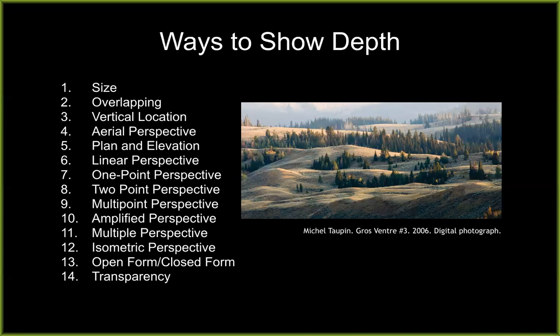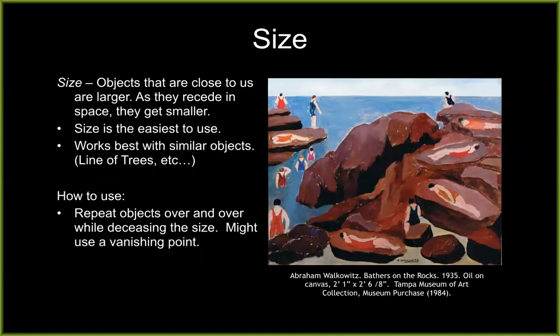We also see aerial perspective where things get a little less saturated with color and a little less distinct the further they are from us. And those are some of the ways that this photograph shows us depth and distance.